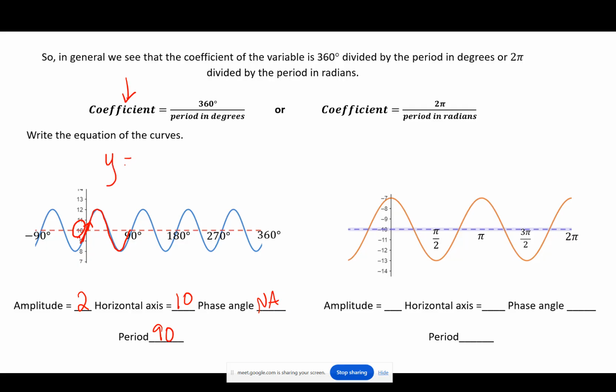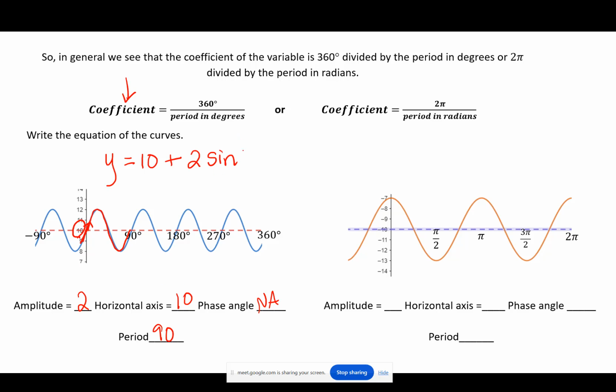Y equals, okay, the middle line, the horizontal line that goes right through the middle is 10. So that's here. Plus the amplitude is 2. So 2 times sine what? Well, there's no phase angle, so I don't actually need parentheses right there.